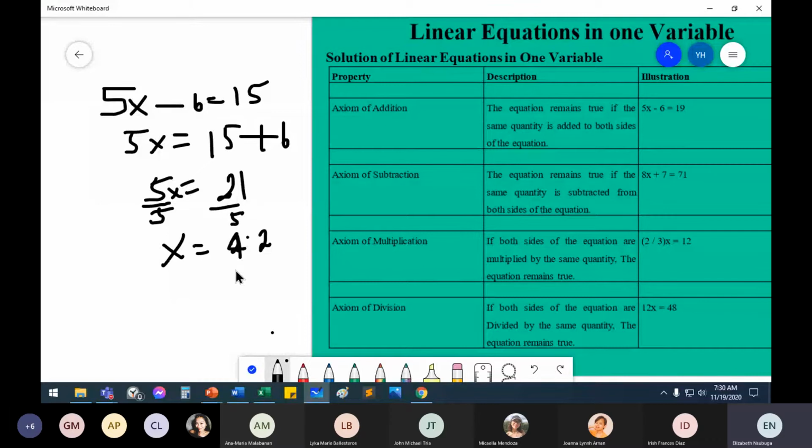But students, I would like to tell you something. Of course, I'm not going to give you something simple like this, but if I gave you something like this, you don't need to go all through this. I can just see it. You could go straight to 5x is equal to 21, because you know it already.